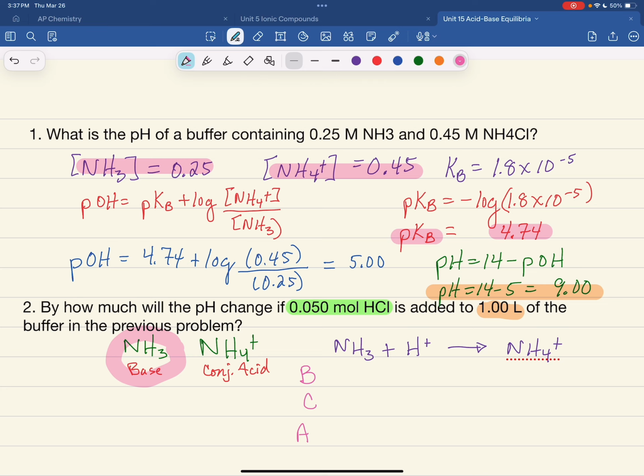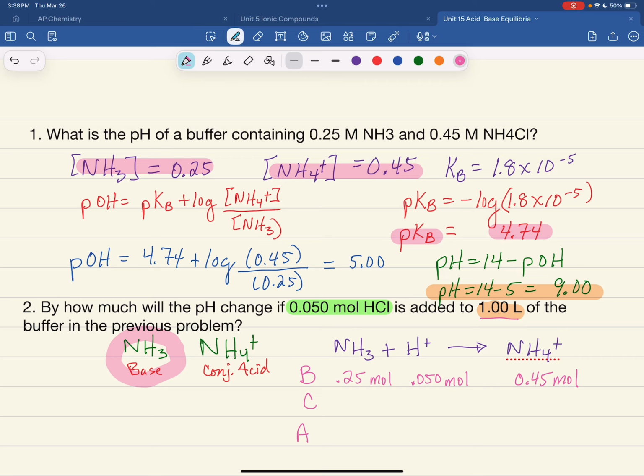Okay, so before anything happens, we just fill in what we know. Since it's 1 liter of a solution, the molarity is equal to the number of moles. So we have, at the beginning of the reaction, 0.25 moles of NH3. We're adding 0.050 moles of H+, and we start with 0.45 moles of NH4+. Okay, so that's what's in the system.